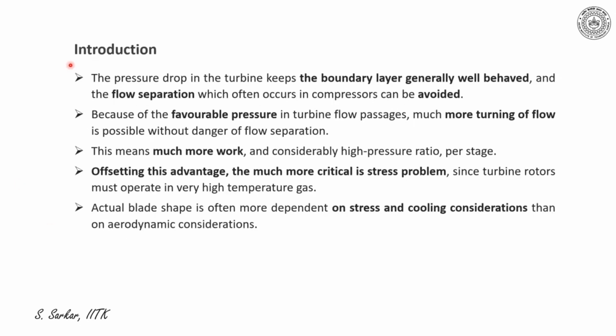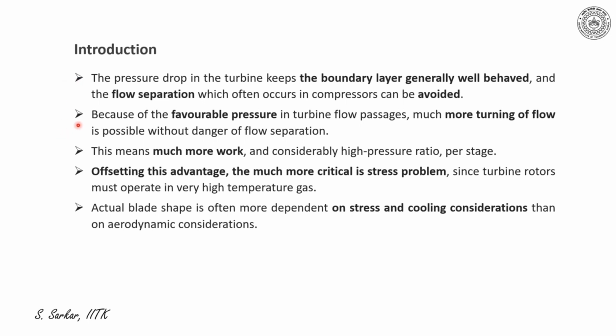I've explained here why the efficiency of a turbine is often more than that of a compressor. Please note that the pressure drop within the turbine blade passage keeps the boundary layer well behaved, and the flow separations can be avoided here. However, the flow often separates within the compressor passage because of adverse pressure gradients.